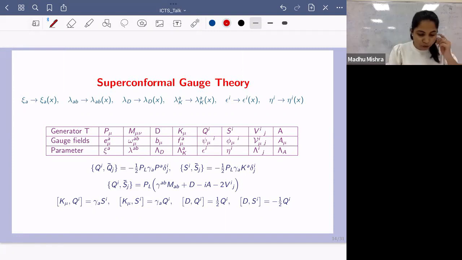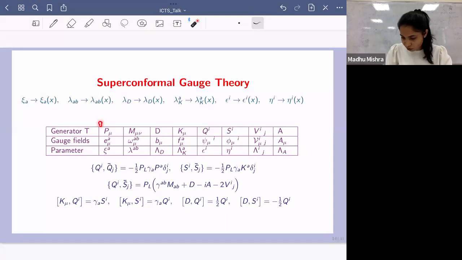Okay, so now we move to the supersymmetric theory. This is the superconformal algebra, and we have the generators of the conformal group, these 4 generators. And we also have Q supersymmetry. And since it's a conformal group, we also have special SUSY here, which is the conformal part of SUSY.